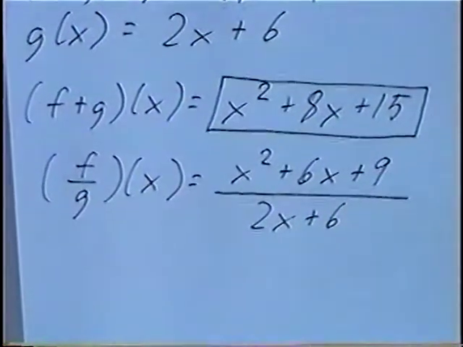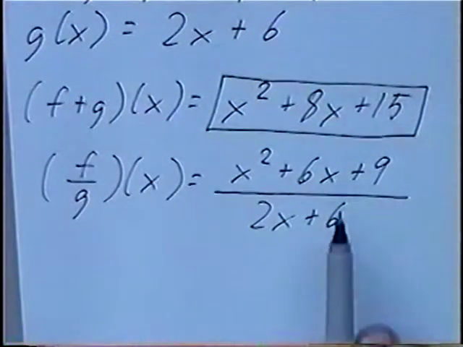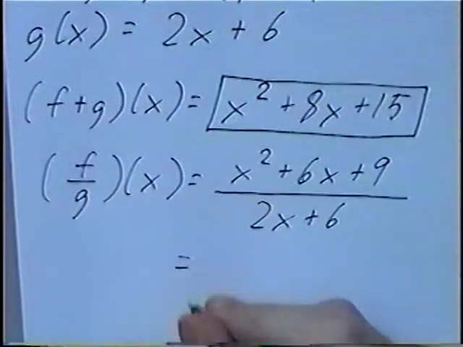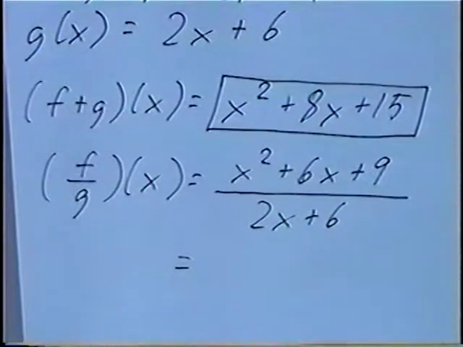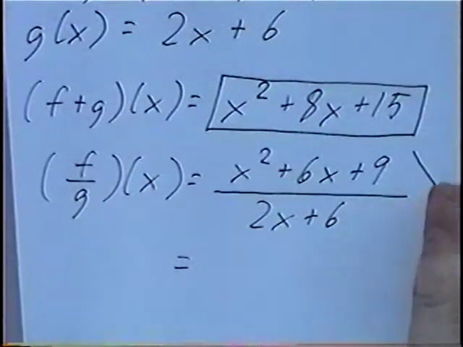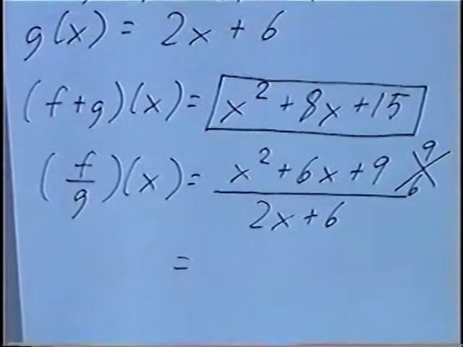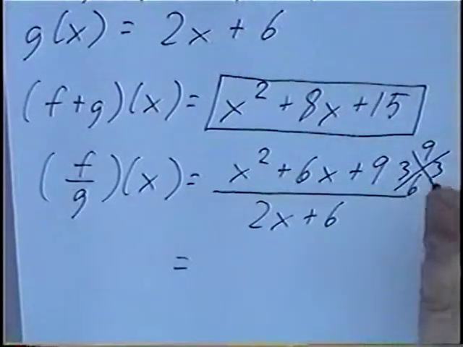To solve this, we could use long division to divide these out, or a shortcut. Since both of these expressions factor, we can factor and then divide. For example, the numerator, x squared plus 6x plus 9, if we factor using the diamond method, two numbers that multiply to get 9 and add to get 6, those numbers would be 3 and 3.